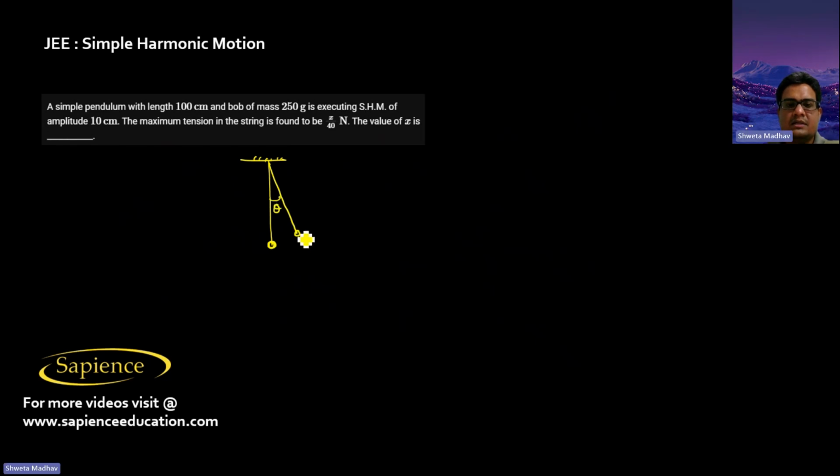at any angle theta, the tension is T, this is mg. So this will be mg cos theta. I will say T minus mg cos theta is equal to m omega square L. So this is the centripetal force, L is the length of the string.